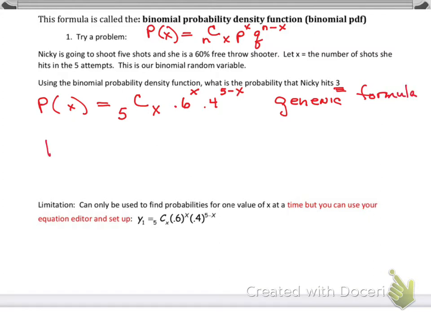If I want to have x be 3, I make these adjustments. 5 C 3, and then times 0.6 to the 3, and then times 0.4 to the 5 minus 3, so that's going to be squared. Okay, so this is one way we can do it.